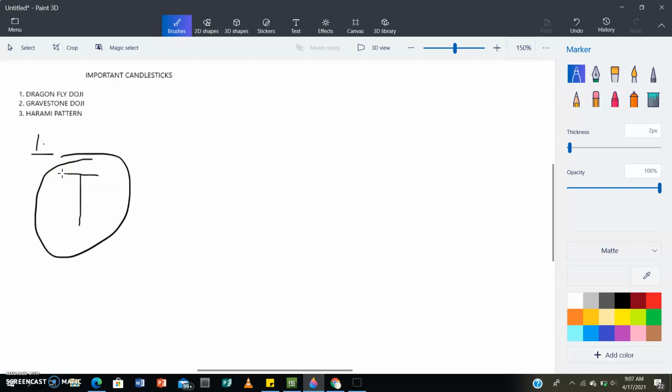But here is where it gets different from the rest. It has a long lower wick. So this is a wick that we have down here. Some call it a shadow, right? And then here we have the open and close price. Forgive my handwriting, guys.